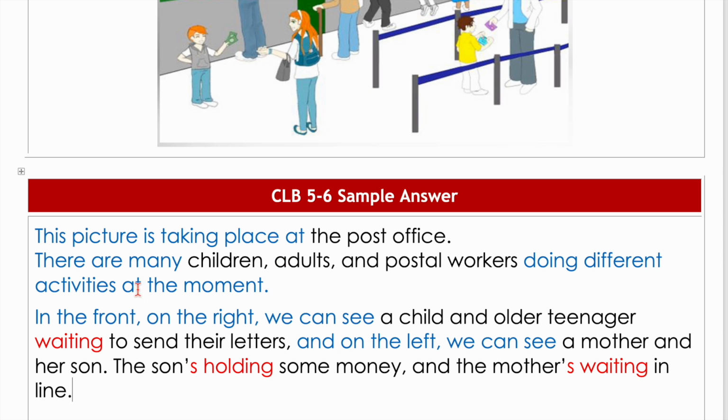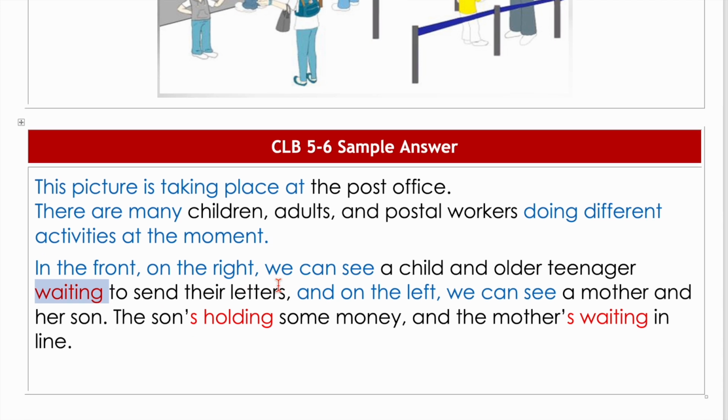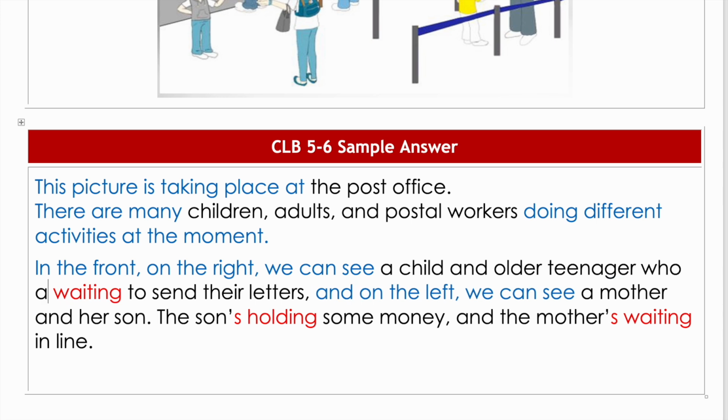We want to say waiting, waiting. That's present continuous. Waiting, not wait or to wait, waiting. Okay? And actually, here we used we can see. So we didn't really use are waiting, but we can say a child and an older teenager who are waiting.